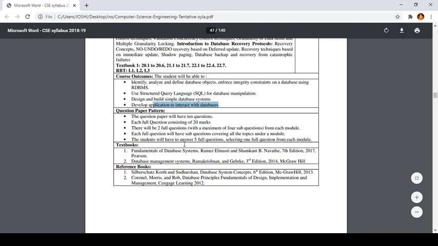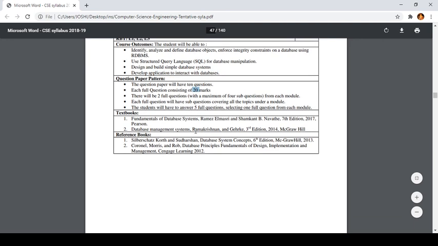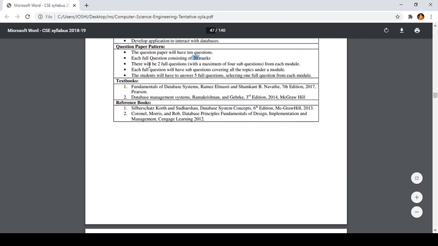And question paper pattern is, there are 10 questions, each carries 20 marks. You have to write the 5 questions, and these details you can study later. The textbooks are Fundamentals of Database System by Elmasri and Navathe, 7th edition, 2017 Pearson edition.